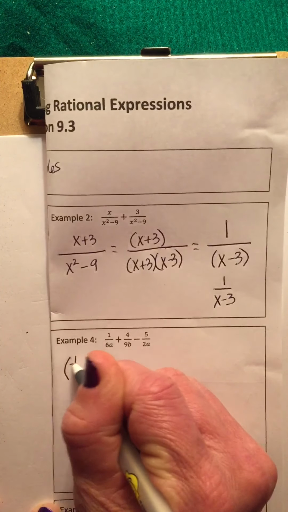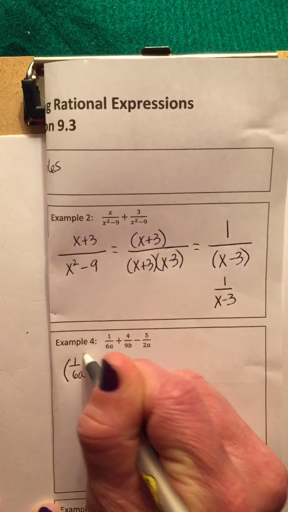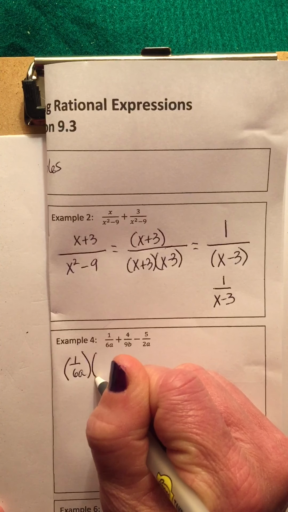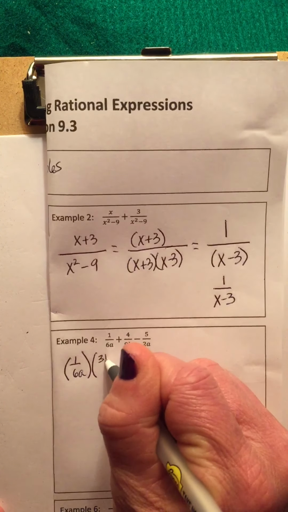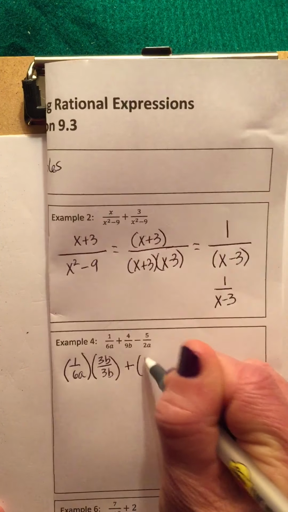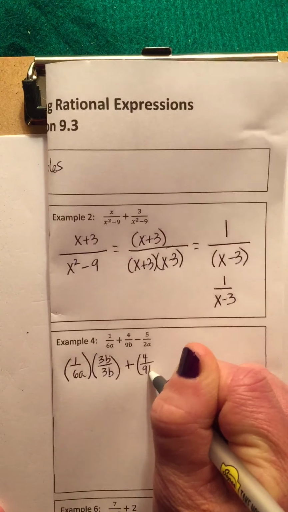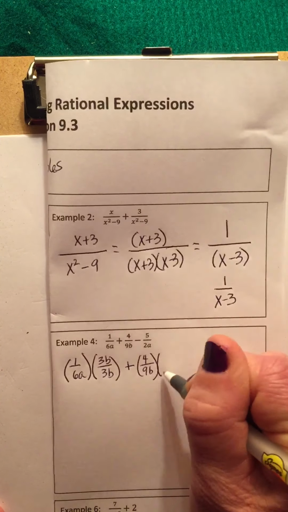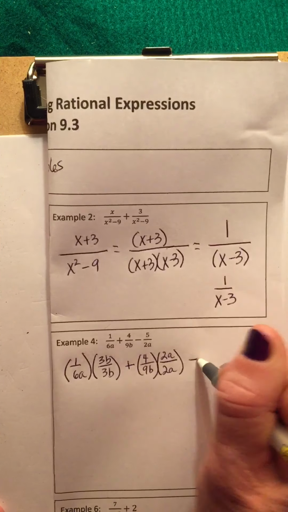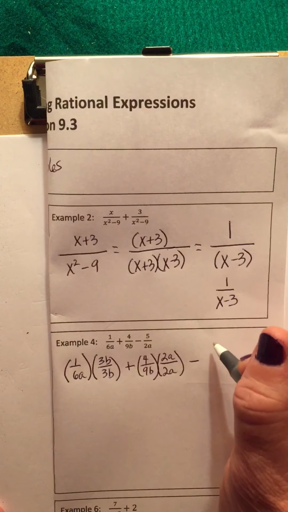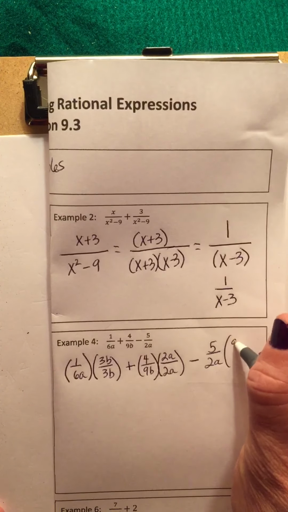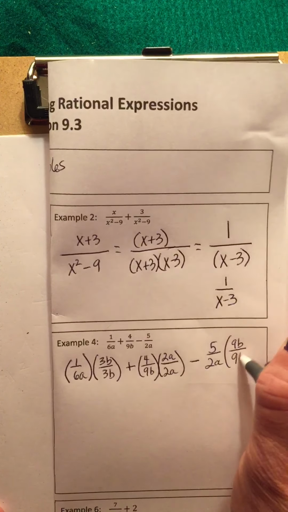So we're going to start with 1 over 6a, and we're going to multiply by 3b over 3b plus 4 over 9b times 2a over 2a minus 5 over 2a times 9b over 9b.